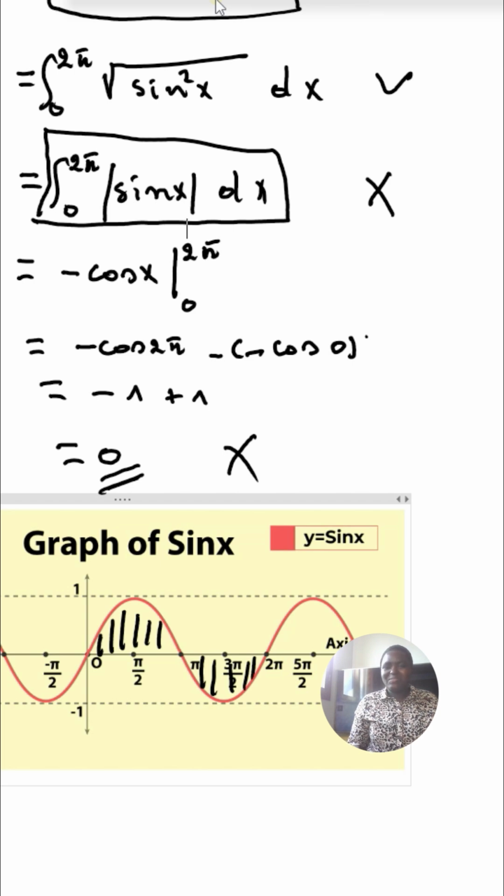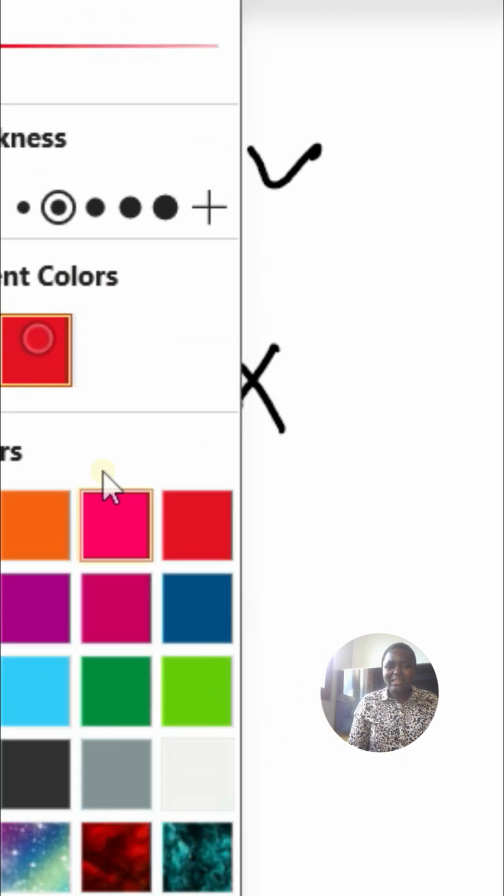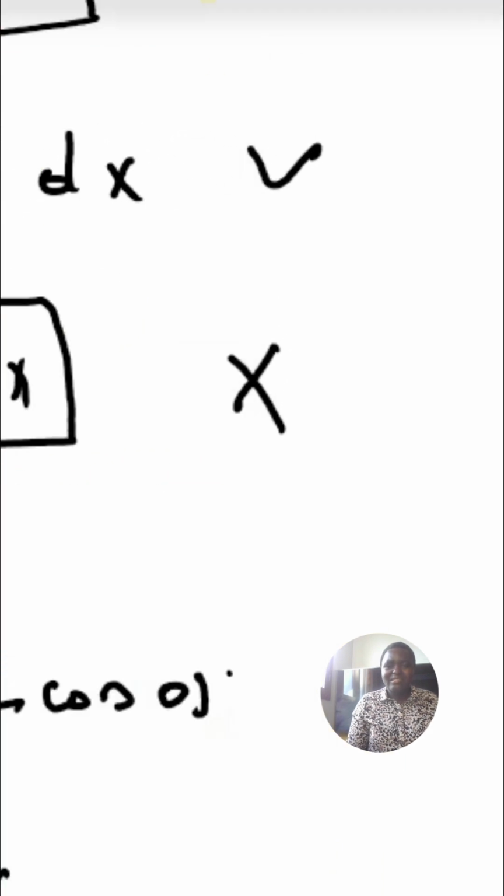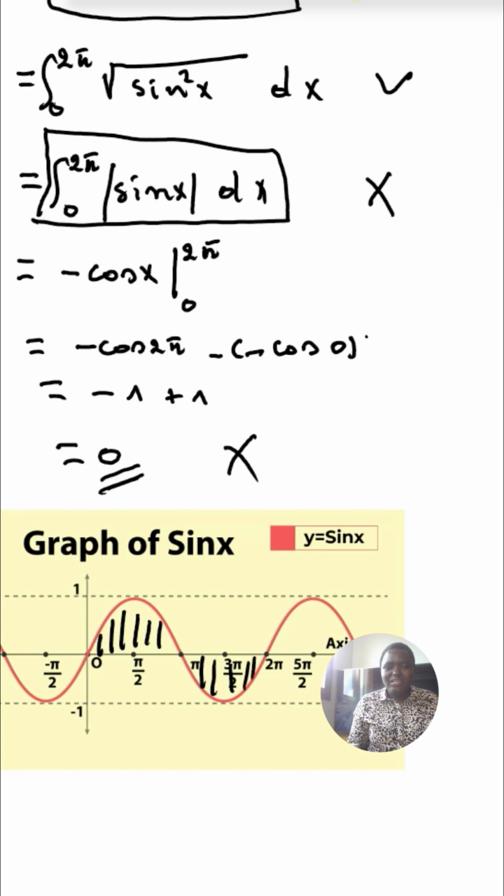So now we see that, let me take another color. So now we see that this absolute value of sine x will be equal, let me write it somewhere here. Absolute value of sine x will be equal to sine x when x belongs to the interval 0 to pi.